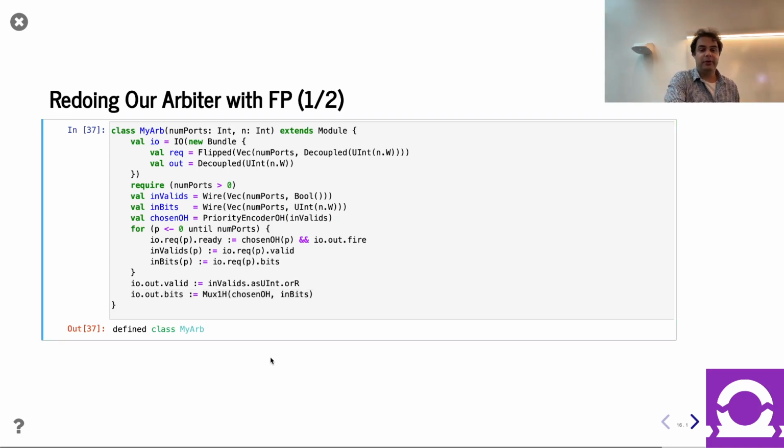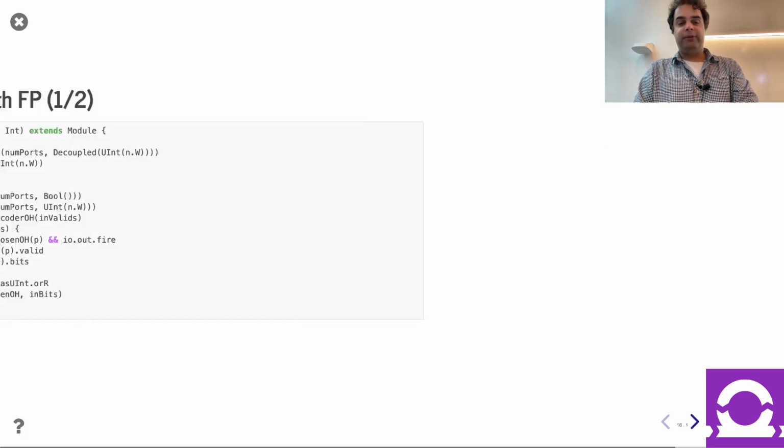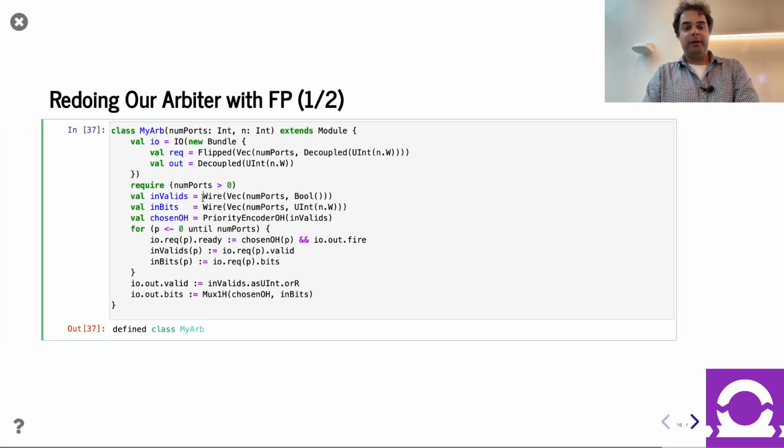But now we can take the same code and make it a little bit tidier with functional programming. I'm going to go back and forth to highlight some of the key things. First off, let's get that wire full of valids. Before, I declared this Vec, and then connected them one by one with this for loop.